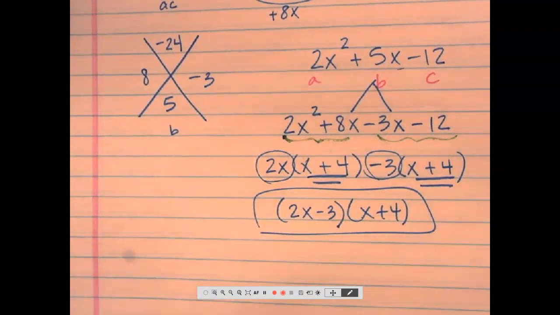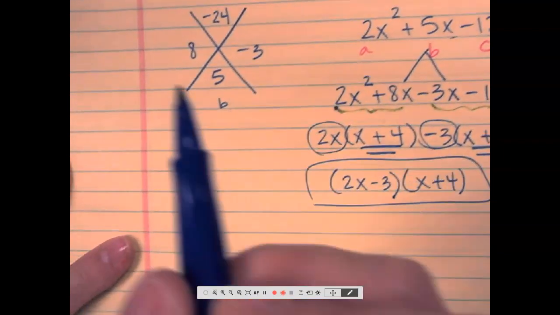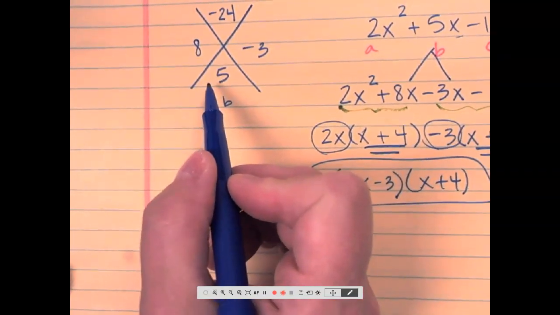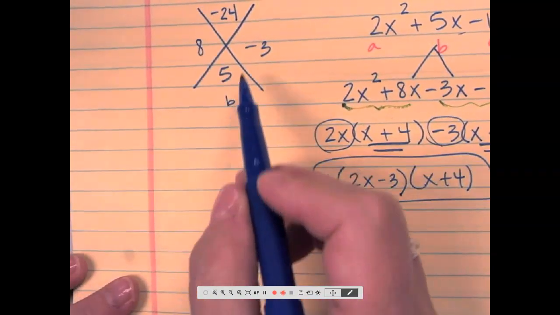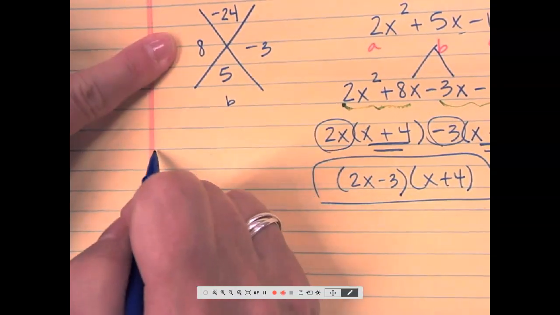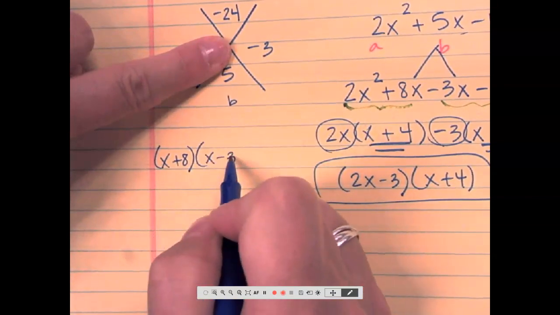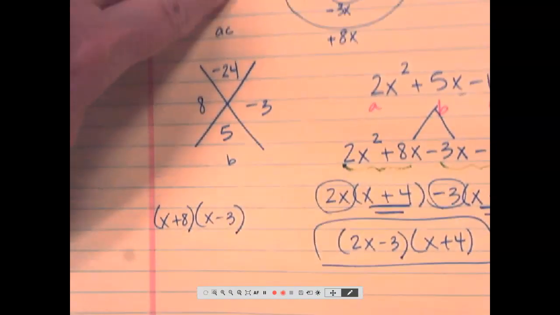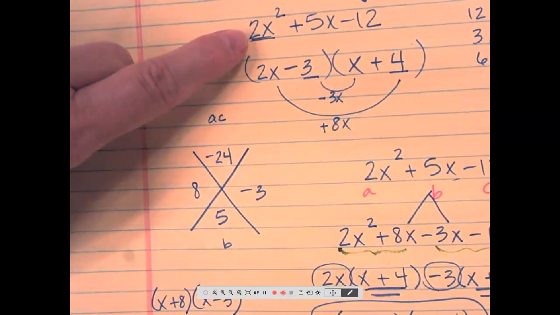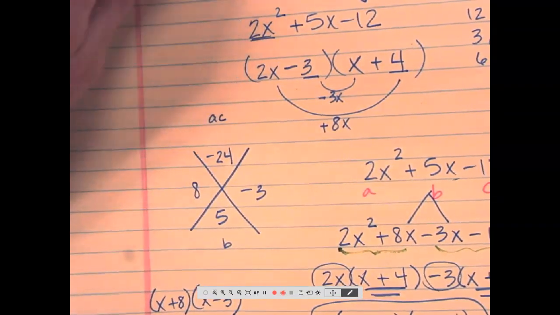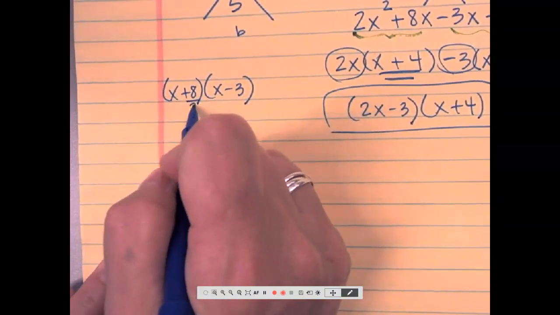Okay, another way, bottoms up. Does anybody use bottoms up? Okay, I still start this way, but this is what I do next. I make this x plus 8 and x minus 3. And if I have a coefficient that is not 1, this lead coefficient is 2, then I have to put both of these over 2.